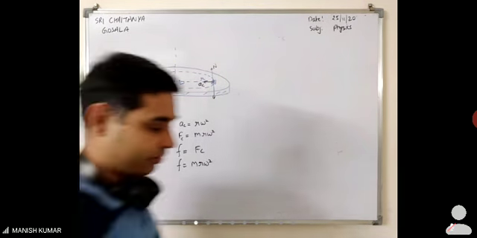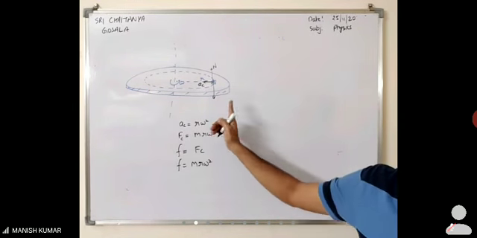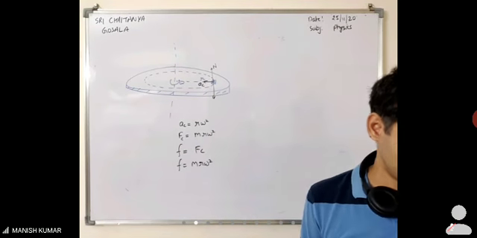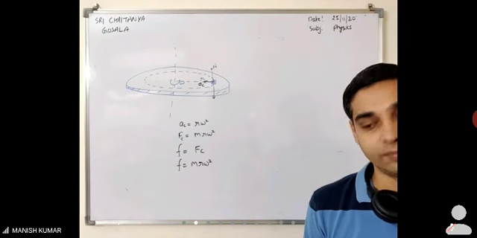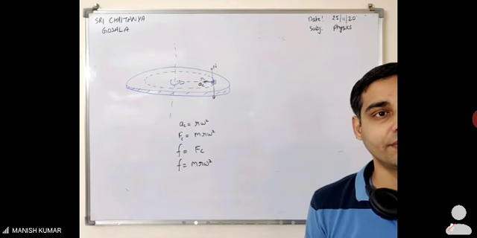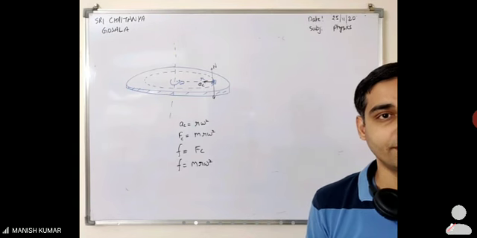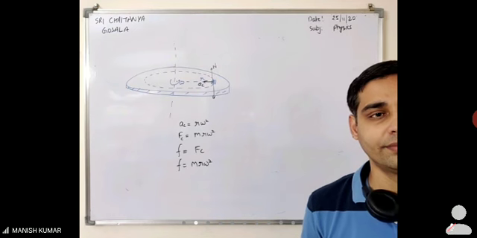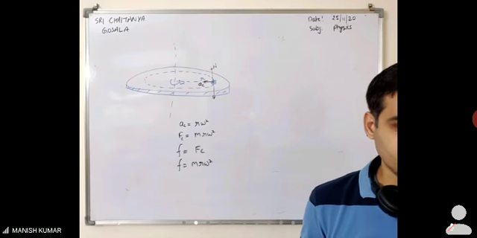Write down the statement: friction is providing the centripetal force. Friction is providing the centripetal force. Okay?